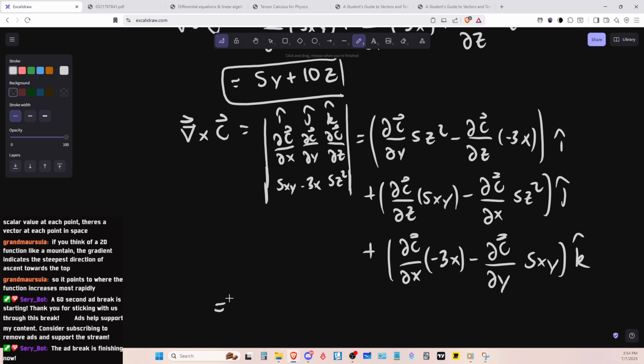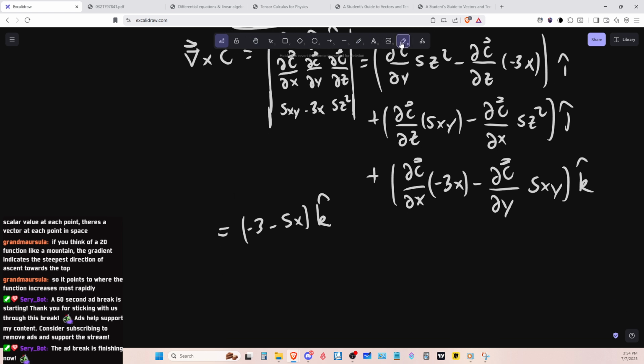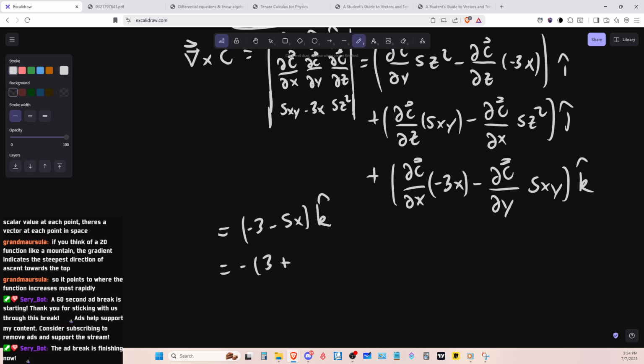So we're going to be left with a curl that's going to be negative 3 minus 5x, and that's all going to be multiplied by k hat. I think I'll make this look a little bit more compact. Oops.